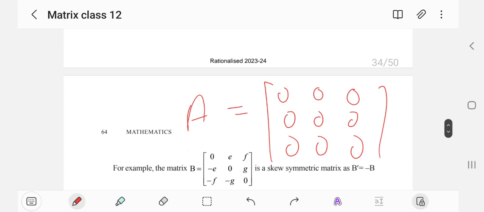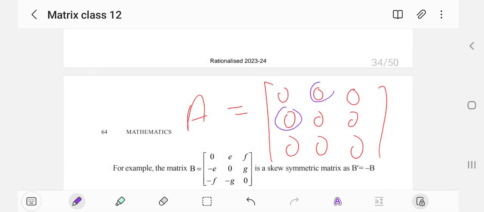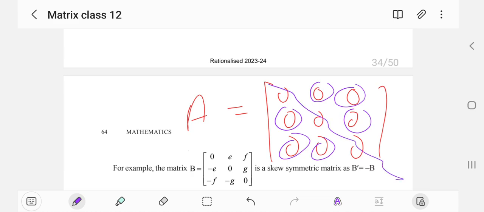If you see the corresponding elements, let me change the color. Okay, the opposite elements are the same as each other, and the diagonal elements should be different, but here they are not different, they are the same. So we can conclude one more thing, that the diagonal elements must either all be equal or all be different.